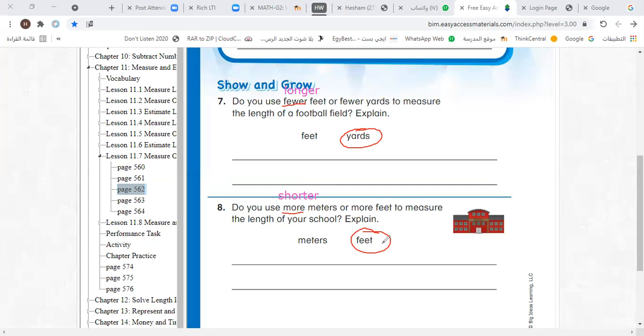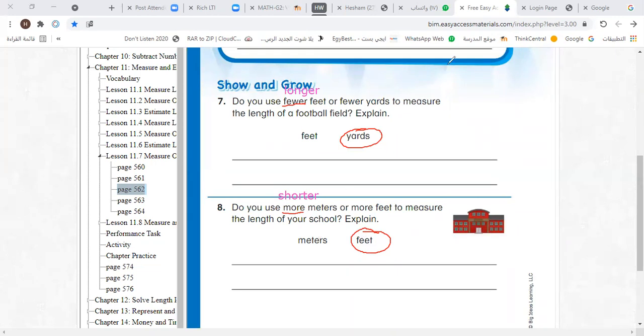Compare between 1 meter and 1 foot. Actually, 1 meter is longer than 1 foot. Shorter means more. More means shorter. Foot is shorter than meter. So, feet is more than meters.